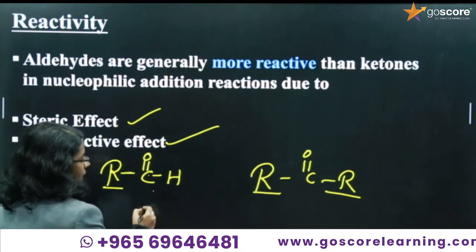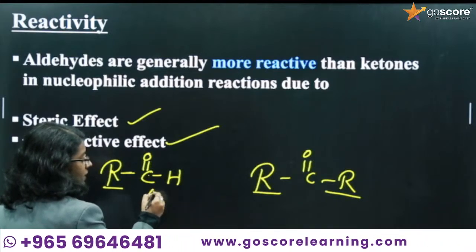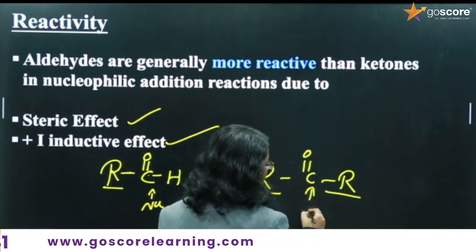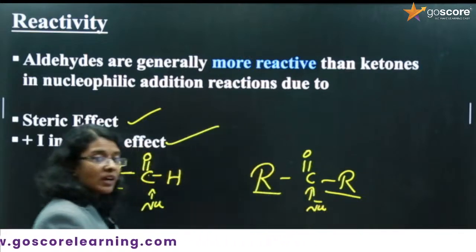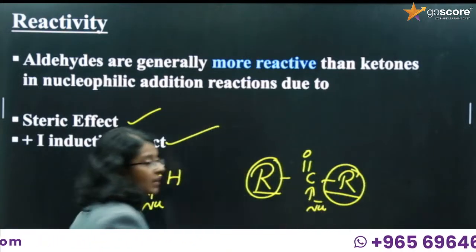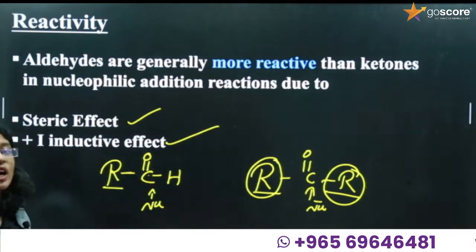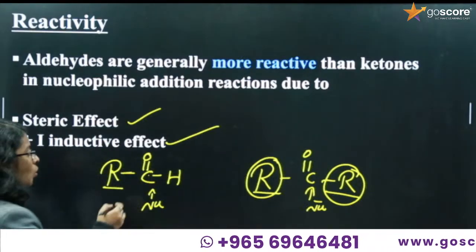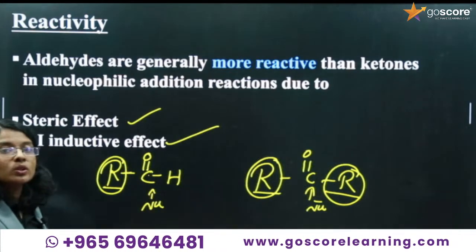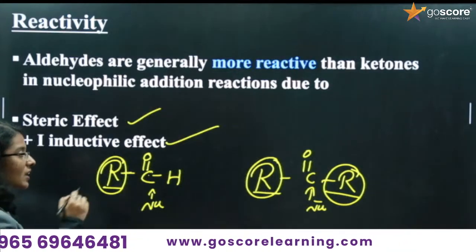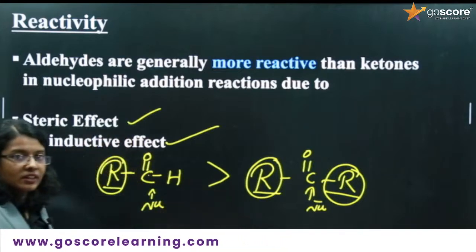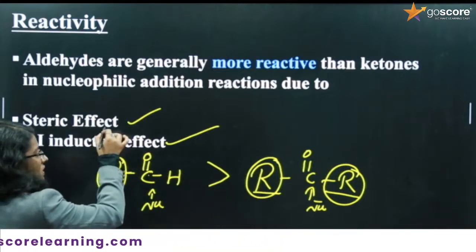So in aldehyde, the nucleophile can easily attack the carbon. But in ketone, it is difficult for the nucleophile to attack, because two bulky groups are present, which hinder the approach of the nucleophile. Here only one alkyl group is present and on the other side there is hydrogen, so the nucleophile can easily attack the carbon. So the reactivity is more in aldehyde. That is the first reason, steric effect.